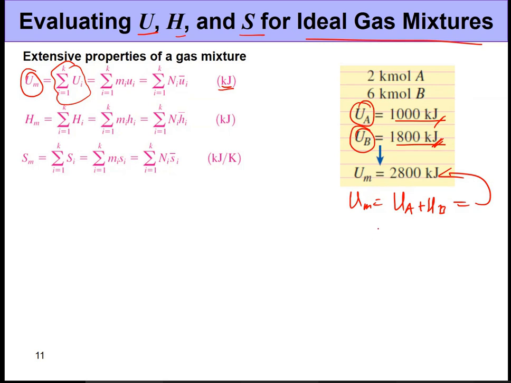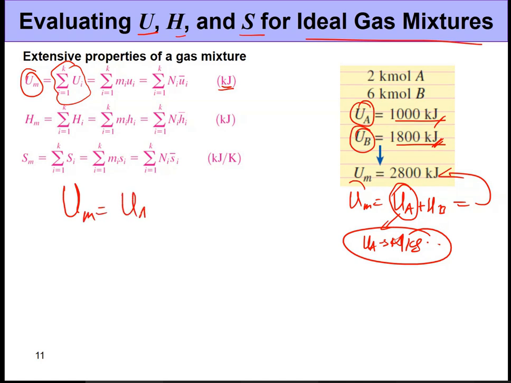However, it's not very common to find the internal energy for a given component in the property tables. What we have in the property tables are specific internal energies, right? The small u's in terms of kilojoule per kilogram. So if you want to find out the small u's, well, it's pretty straightforward from here. We said big UM is equal to UA plus UB.